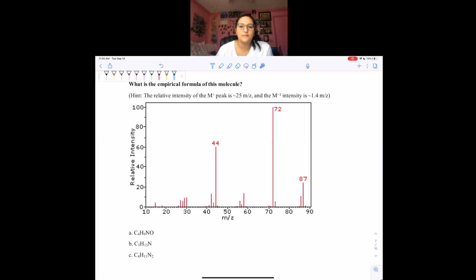All right, I don't know what the point of that is. This is basically just saying that this is super, super tiny compared to this one. Cool. We know that it's going to be tiny. That's always the case, right? So this is the absolute tallest peak, so we know that this is the base peak.